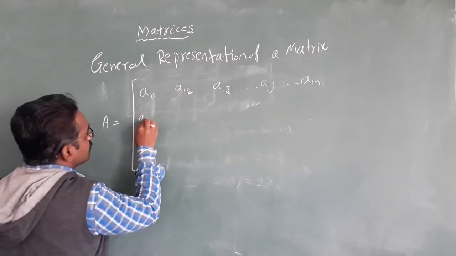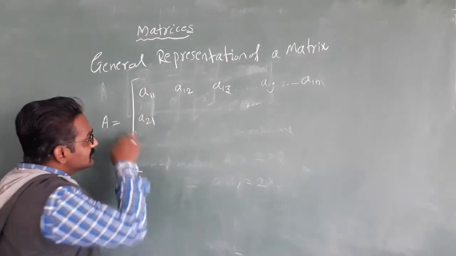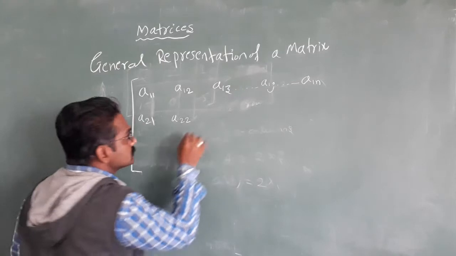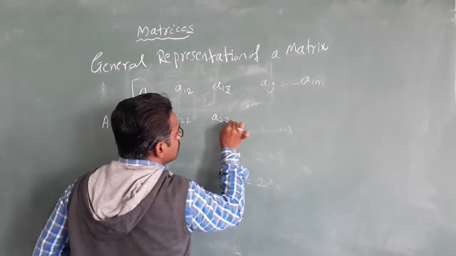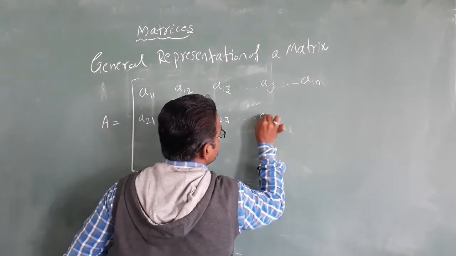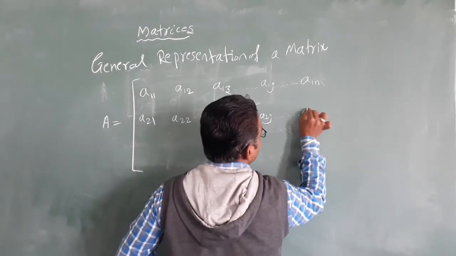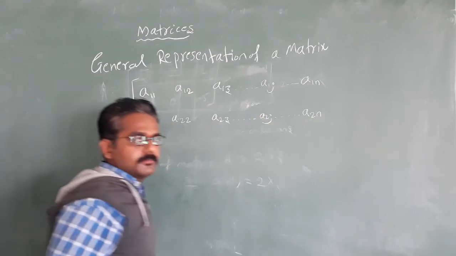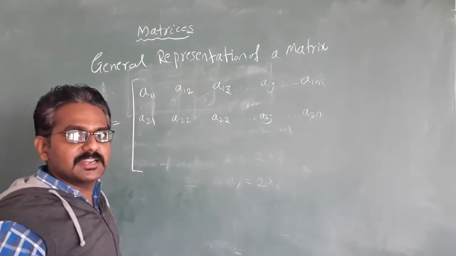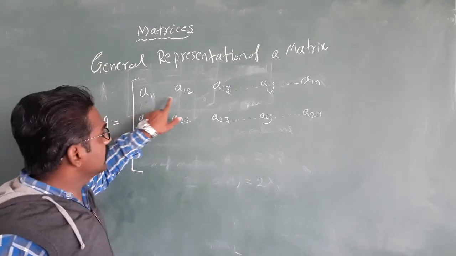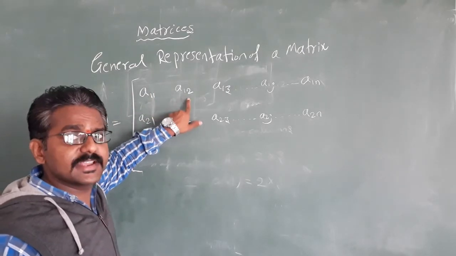Similarly, A21 because it is the second row, A22, A23, so on up to A2j, so on up to A2n. Got the point? Why am I writing like this? A11 means first row, first column. A12 means first row, second column.